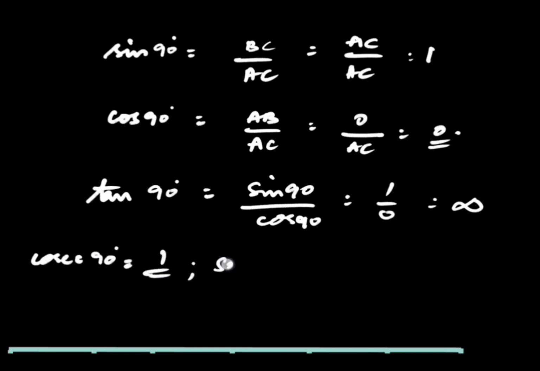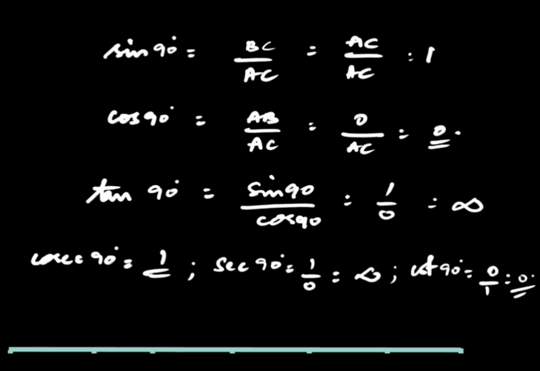Secant 90 is the inverse of cos 90, that is undefined. And finally, we have cot 90, which is the inverse of tan, that is equal to 0. It can also be written as cos 90 by sin 90, that is 0 by 1 is equal to 0.